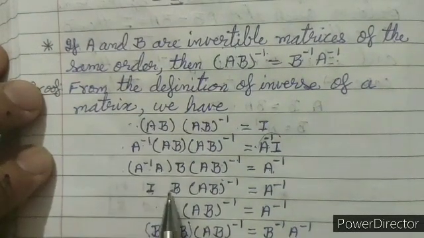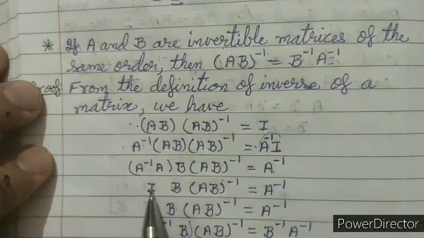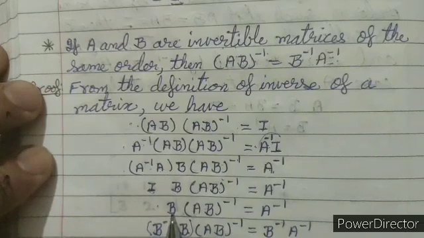Now identity matrix into any matrix gives the same matrix, that means I into B will be equal to B matrix.